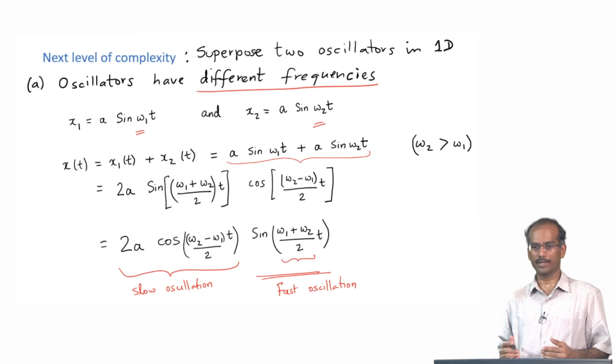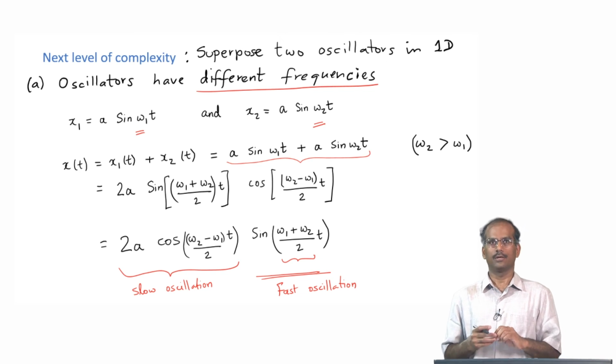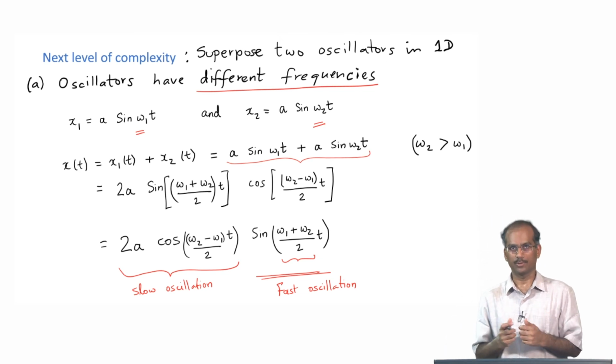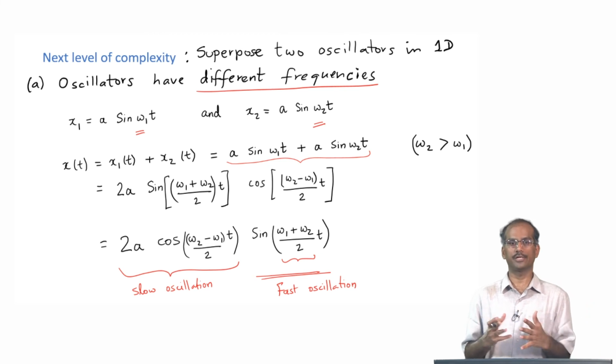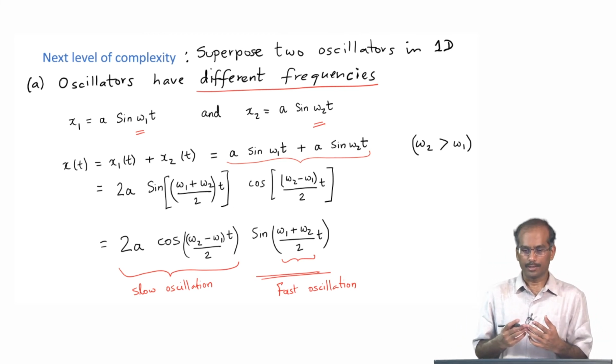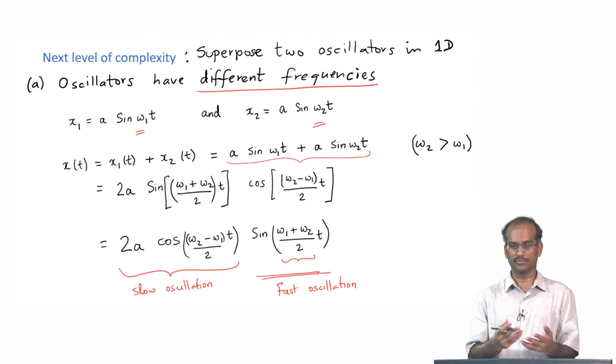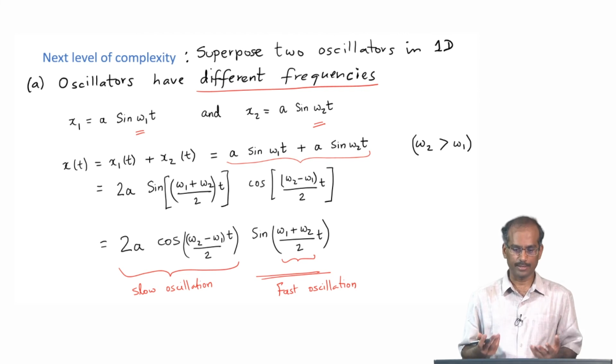Again, to summarize this part of what we have been discussing, we looked at how to combine two oscillators in one dimension, and the two oscillators have different frequencies. When you assume that there is no phase difference between these two oscillators, it is very easy to write down the combined solution.